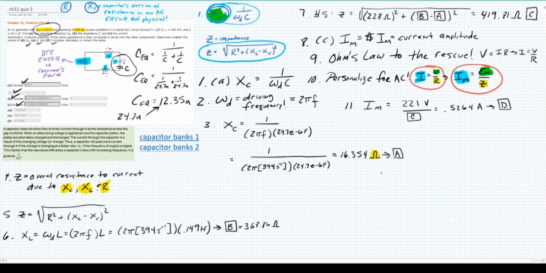So let's do that. Number 12. I am focusing on part D. What is the new capacitive reactance? Here's what it is.